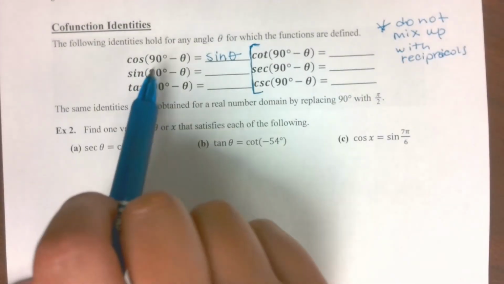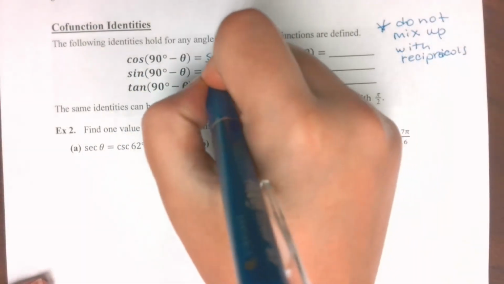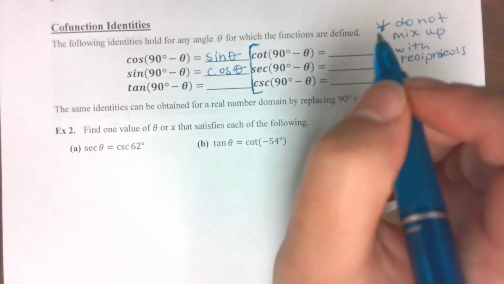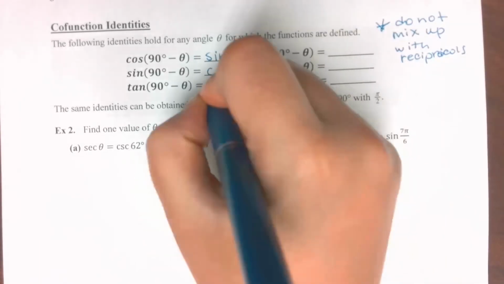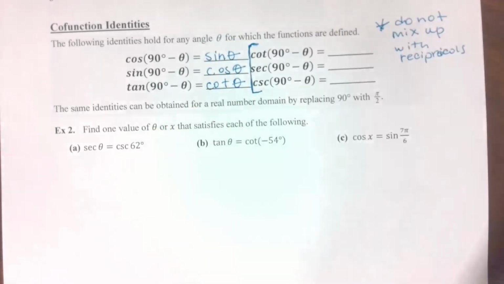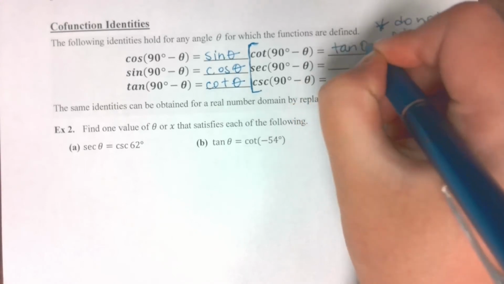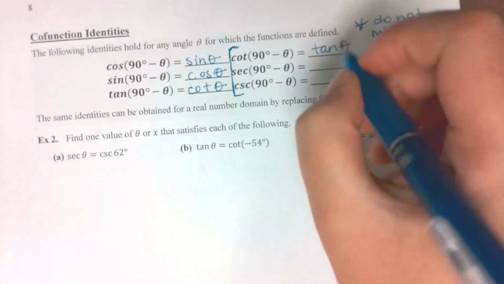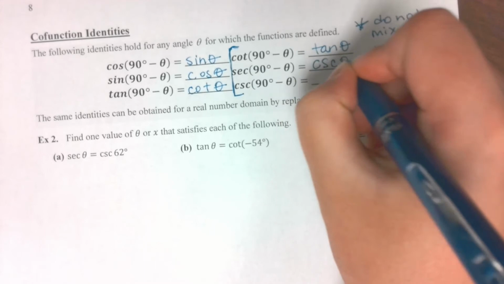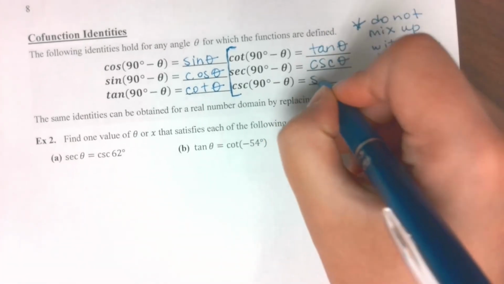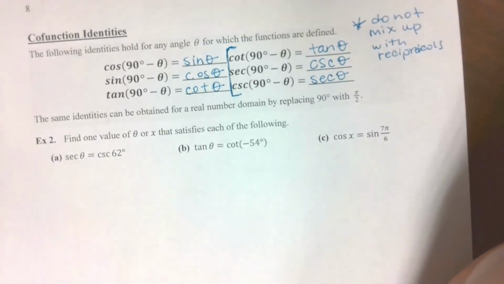Sine of 90 degrees minus theta is cosine theta. Tan of 90 degrees minus theta is cotangent theta. Cotangent's cofunction is tangent. Secant's cofunction is cosecant theta, and cosecant's cofunction is secant theta.